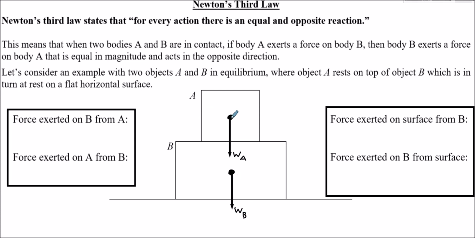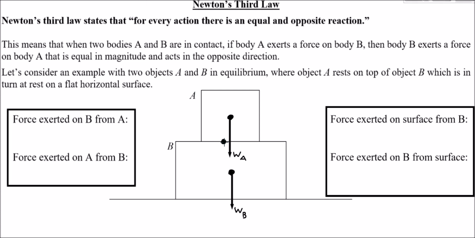Between A and B, A will be having a reaction on B. So if any force going down, because it's in equilibrium, on A, is the weight of it. But A isn't accelerating vertically, and so it's got to have some reaction force balancing out its weight. And that's going to come from the upwards reaction.